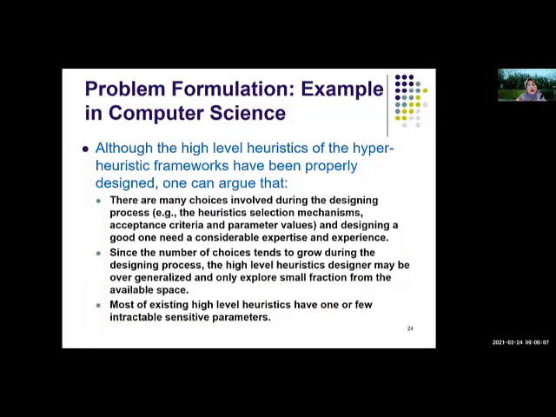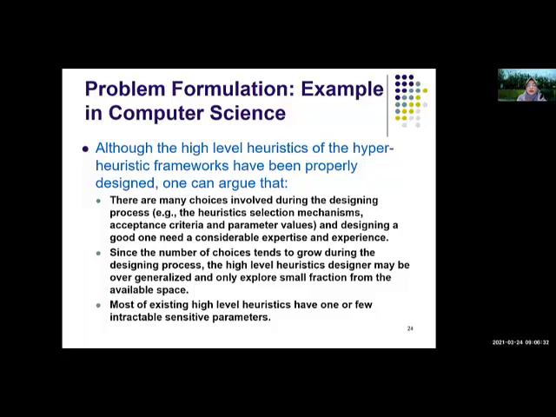Although the high-level heuristic of the hyperheuristic framework has been properly designed, one can argue that there are many choices involved during the designing process, that is, heuristic selection mechanism, acceptance criteria and parameter values, and designing a good one needs considerable expertise and experience.